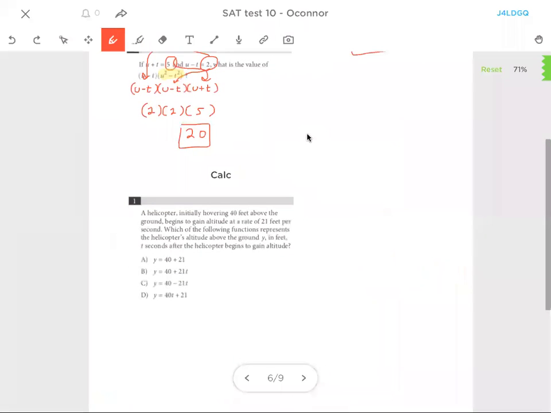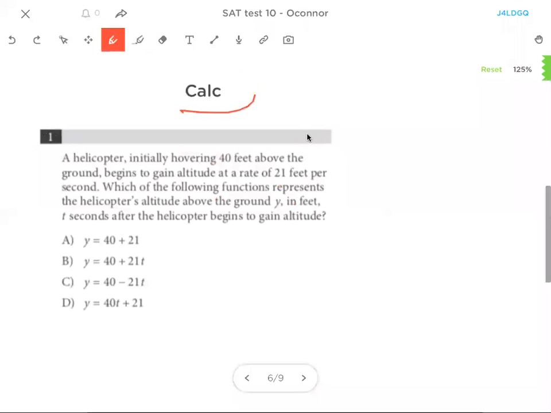The next question starts the calculator section. And I think you'll find that you typically don't need a calculator to do the questions in the calculator section. They just allow you to use it. Like in this one, there's no reason to use one. So a helicopter is hovering at 40 feet above the ground. It gains altitude at a rate of 21 feet per second. Well, when I see 21 per something, that screams slope.